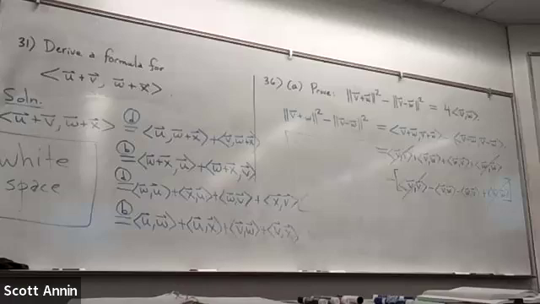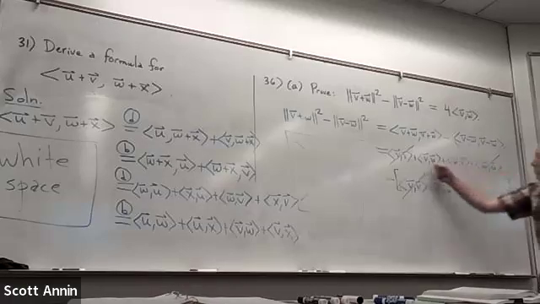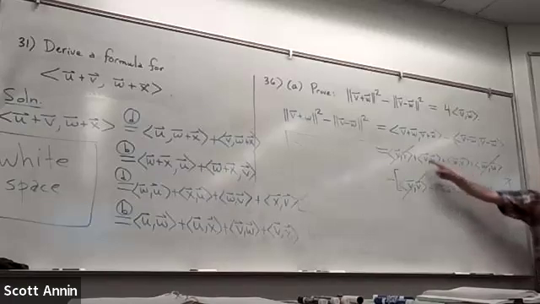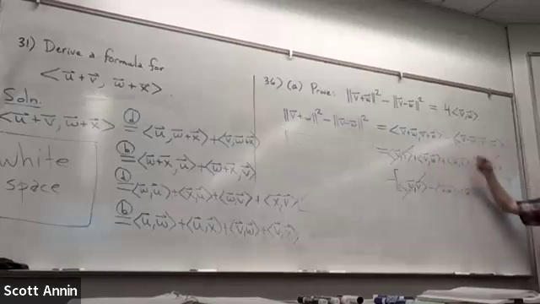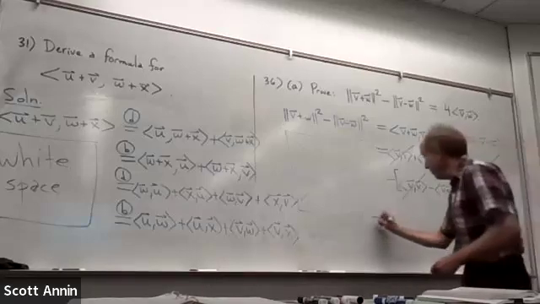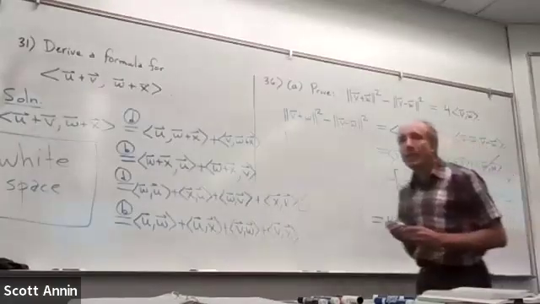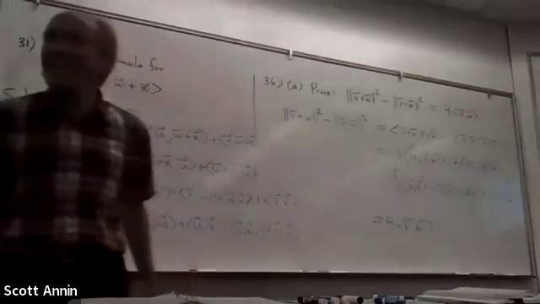We want to add all of those up. What's that going to give us? 4 copies of this. Remember that the inner product of w with v is the same as the inner product of v with w. So this is the same as this, which is the same as this, which is the same as this. It's just 4 of the same thing. We're done. We're already done. Just that easy.